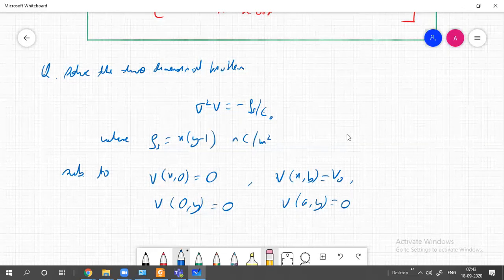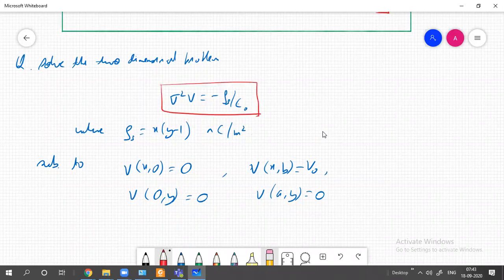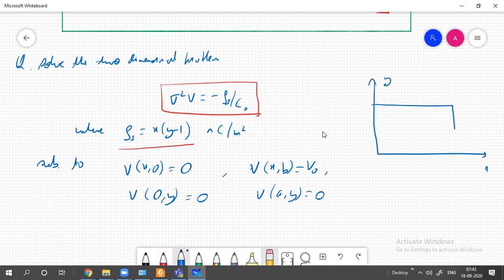We need to solve the Poisson's equation given by this relation, where rho s is given in terms of space coordinates. If we draw the coordinate system, it will be x, y. This problem is governed by this differential equation, a PDE problem.